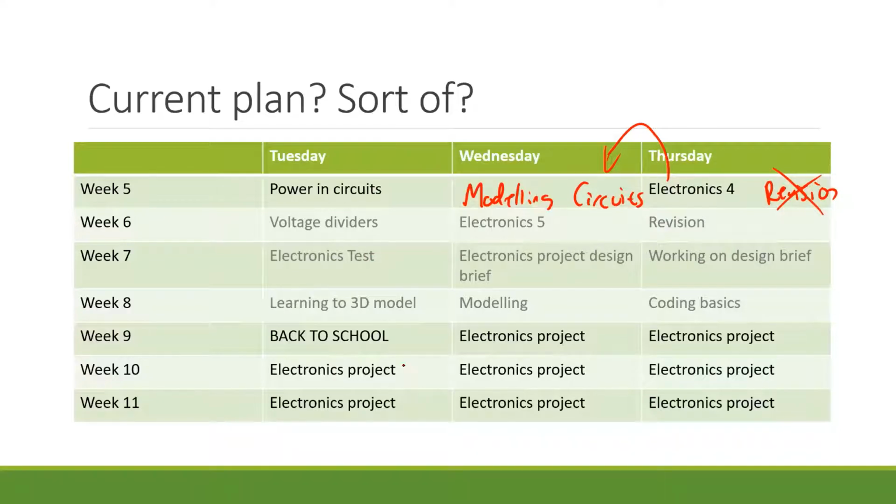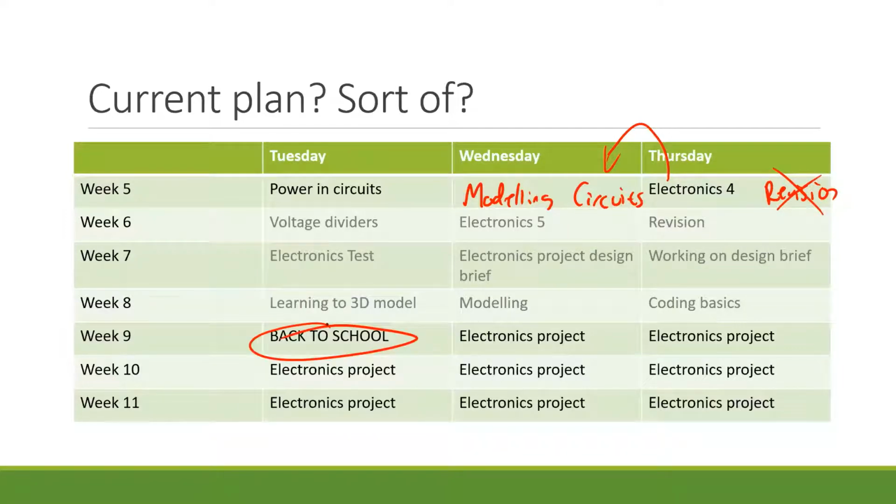But because we're at home and not at school, we haven't been able to do the electronics project. I've been trying to figure out for the past couple of weeks what to do. Then I thought, I know what I'm going to do. And then that whole thing got a spanner put in the works, because they said, guess what? We're going back to school week 9.